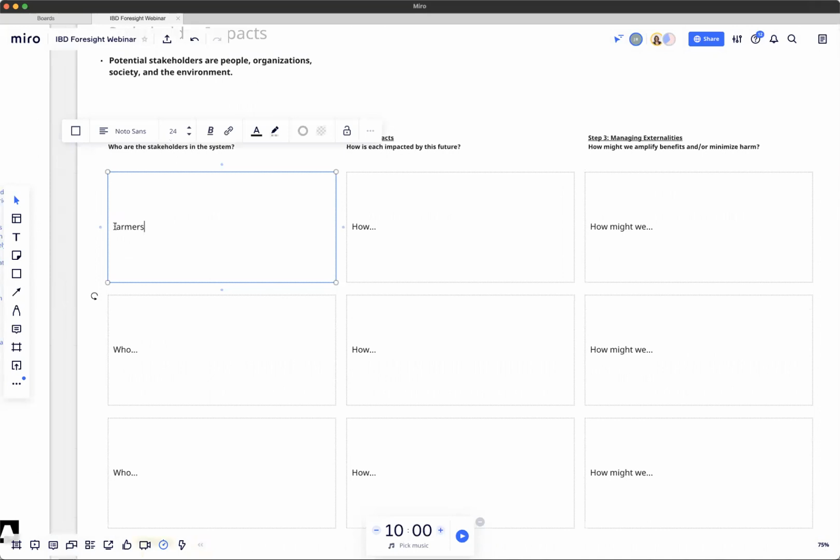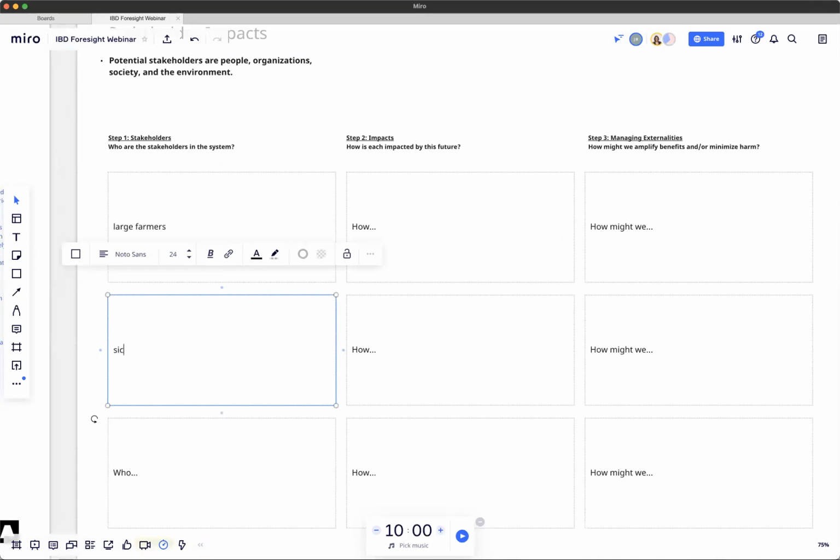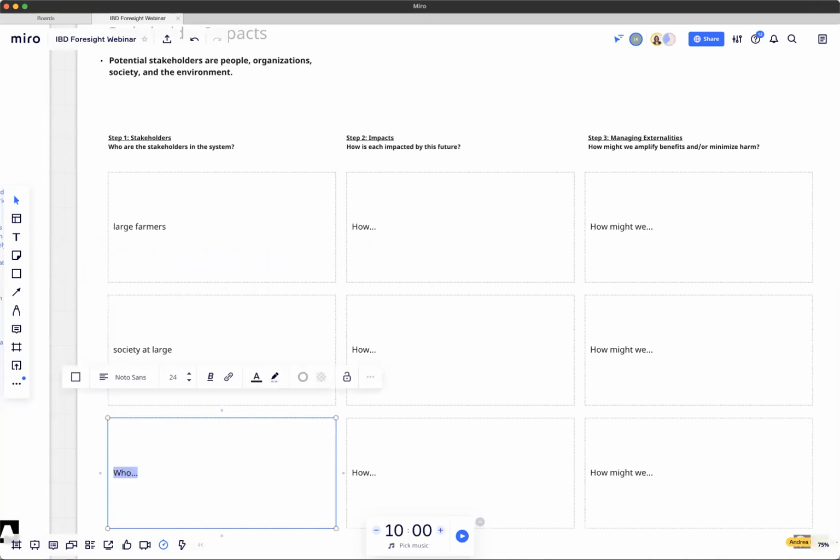I'm going to call them large farmers or small farmers. Large farmers, okay. People who eat. Yeah. I'm going to call that society at large. Truck drivers is kind of interesting.